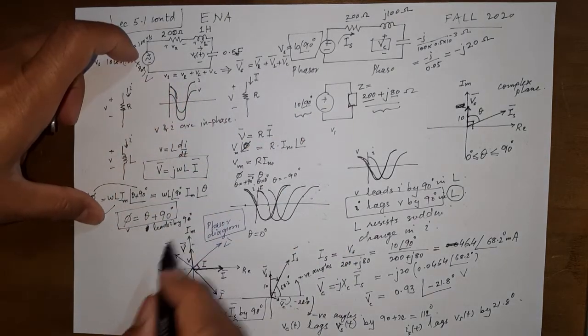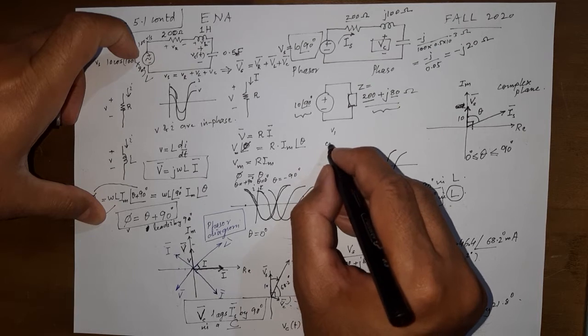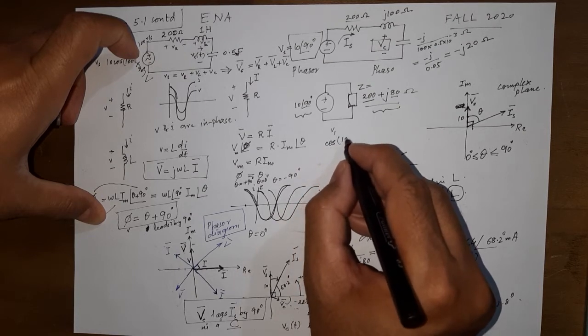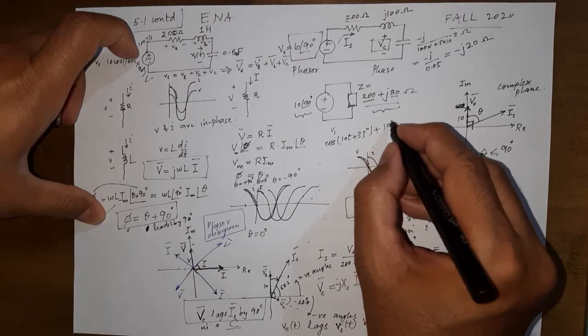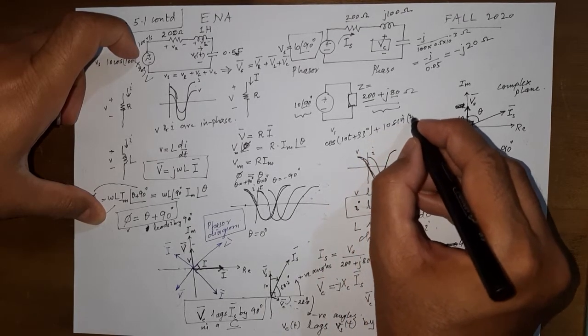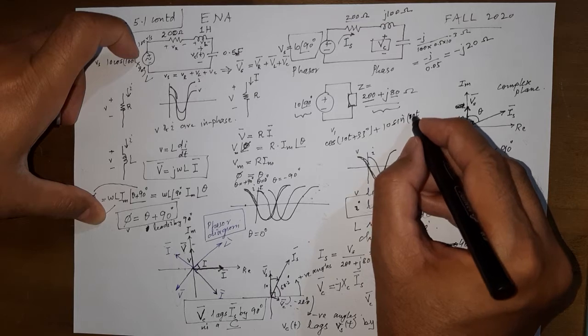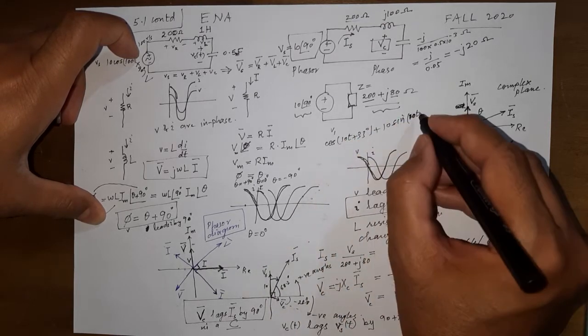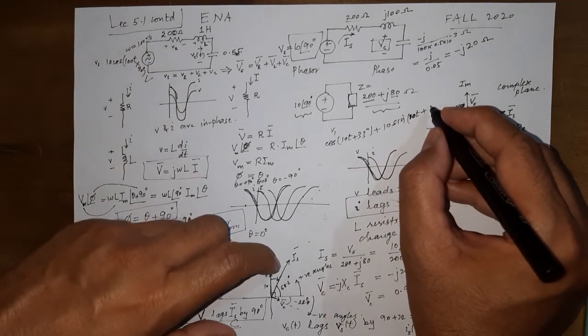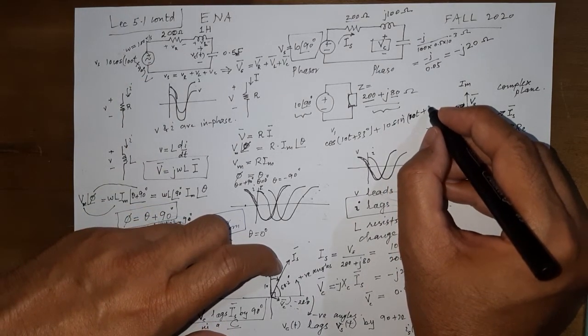So if somebody says to you, okay, find cos of 10t plus 33 degrees plus 10 sine of 10t, the frequency has to be the same. This is the key point here. The frequency has to be the same. Why? Otherwise, phasor is not going to be useful.